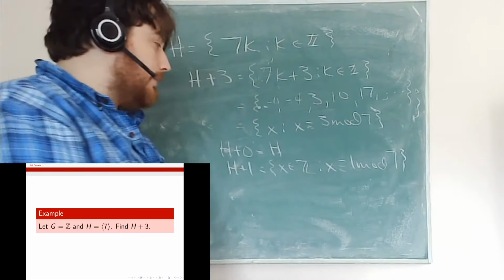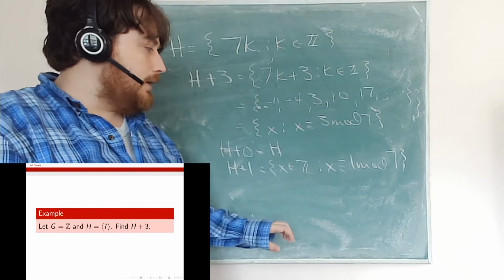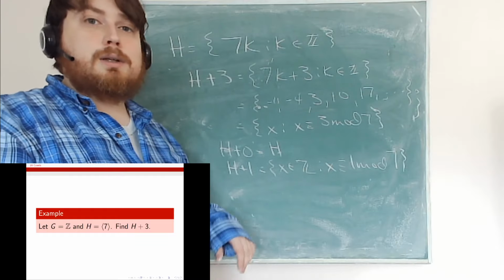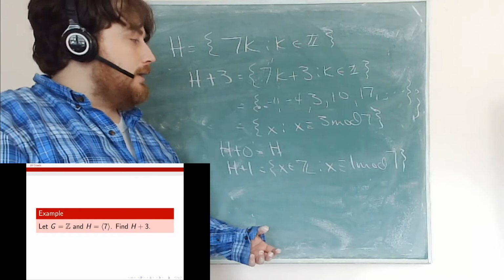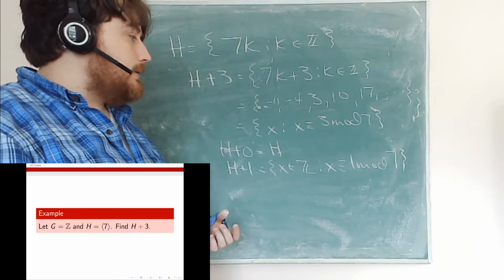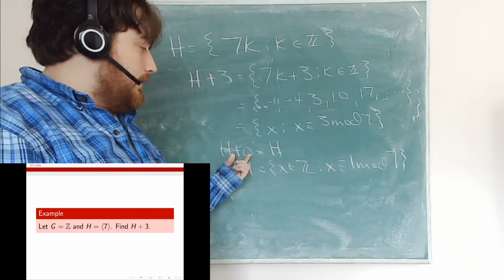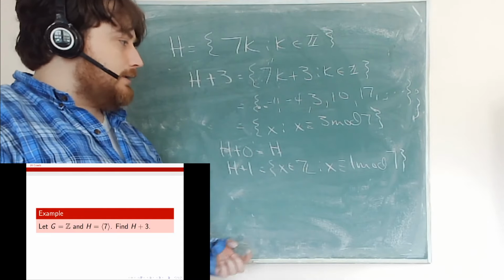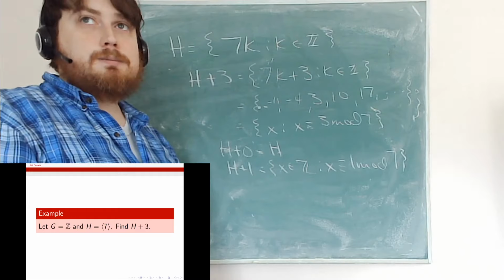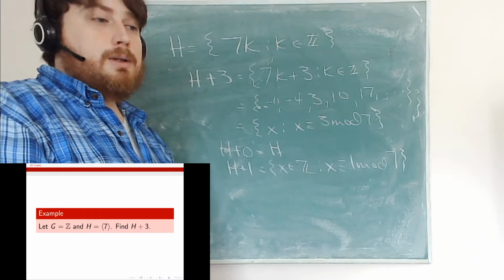If I follow the same process, H plus 2 would be all the things congruent to 2, and we can do 3, 4, 5, and 6. And so what we end up with is that there will be 7 distinct right cosets. Each one is going to be the elements that are congruent to whatever element this is mod 7. Is that okay?